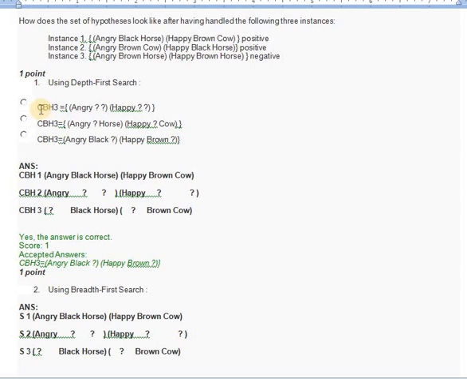As the question asks only about the third step, we have to follow what we get in CBH3. The first one is angry black horse. In that, we keep the same, and of the first word angry, the remaining 2 we made question marks. After that we make angry a question mark, which means we don't know, and the remaining black horse we have taken down. That is the answer for this question for depth first search.